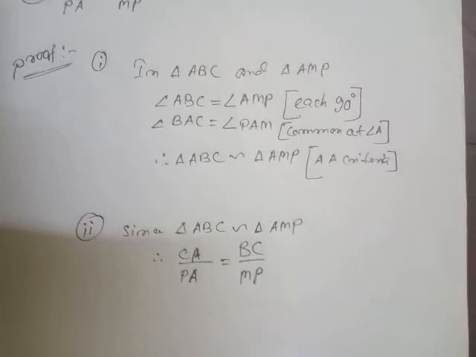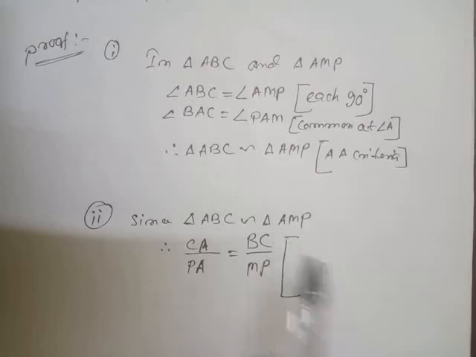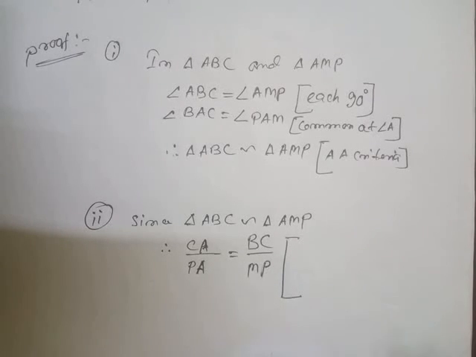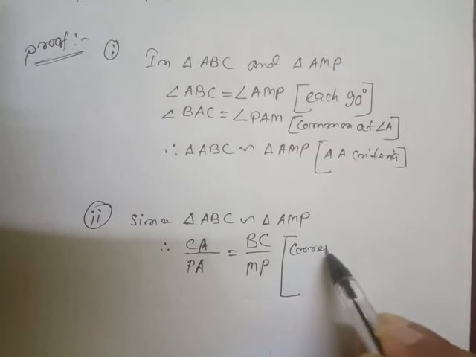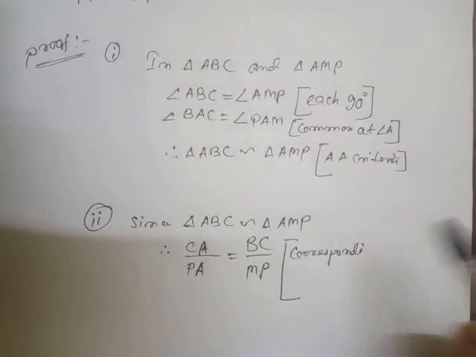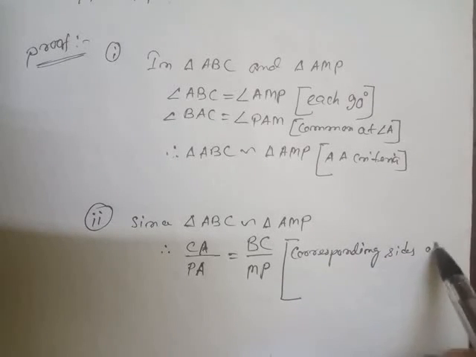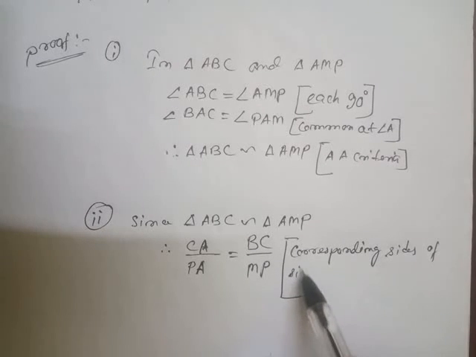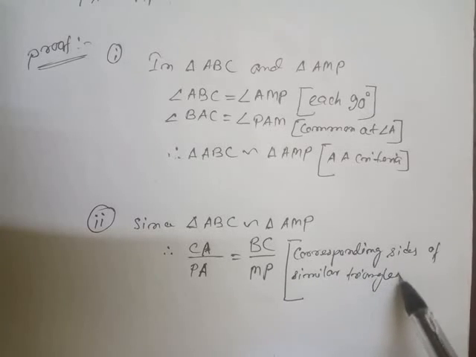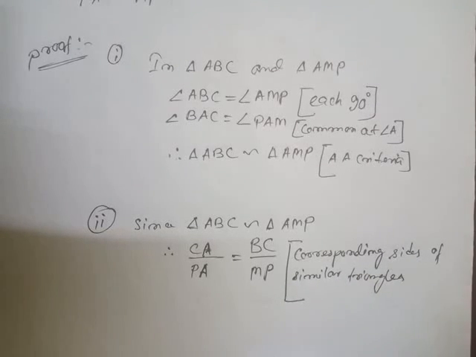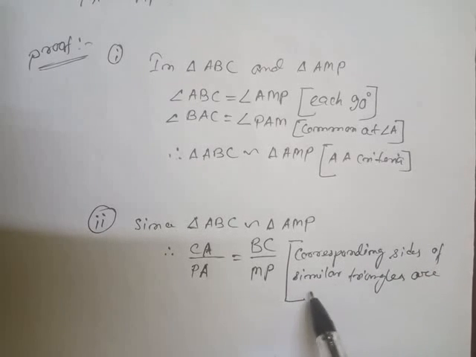Now the reason I am writing by the side here: since triangle ABC is similar to triangle AMP, CA by PA equals BC by MP. Now look after that. Corresponding sides of similar triangles are proportional.